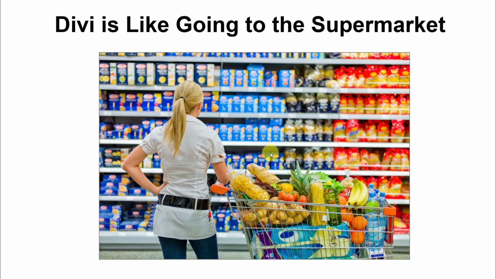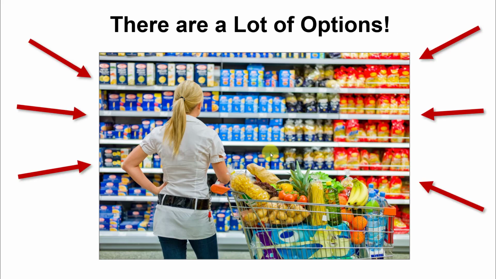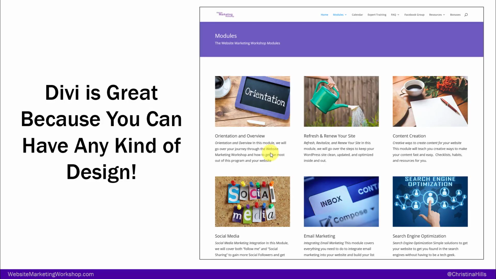All right, so Divi is like going to the supermarket. There are a lot of options, and this is one of the things that I like about the Divi theme. Then there's also, you want to keep from getting overwhelmed with all the options. So you can have any kind of design you want with the Divi theme.